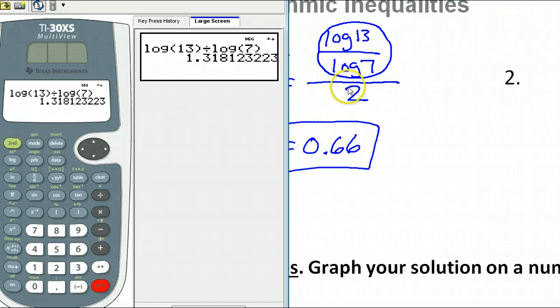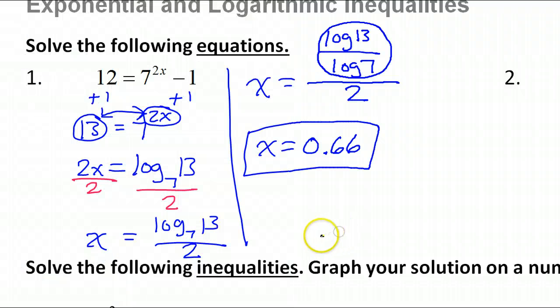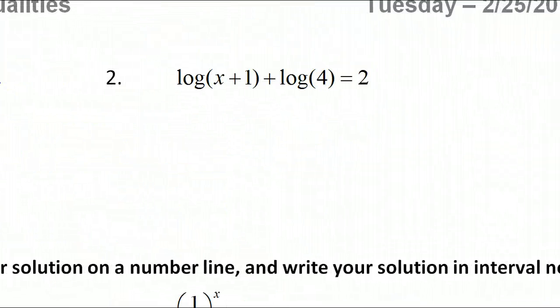Now I need to divide by 2. Just make sure you don't round. With all these beautiful decimals in your calculator, you can go ahead and hit divided by 2, and that will divide your previous answer by 2, and sure enough you get the exact same thing. So you do it whichever way makes you feel most comfortable.